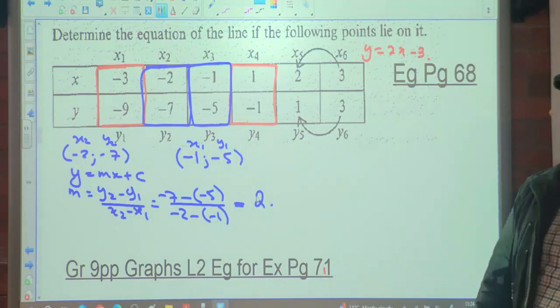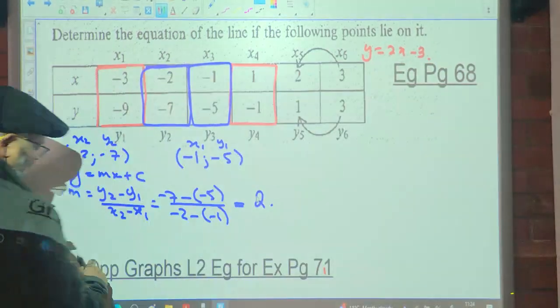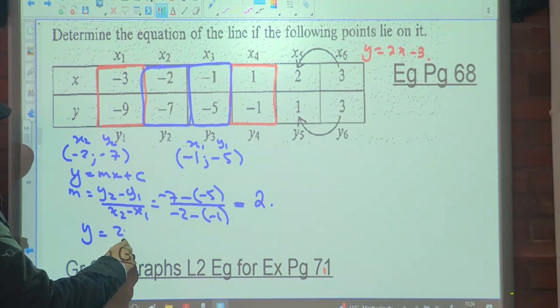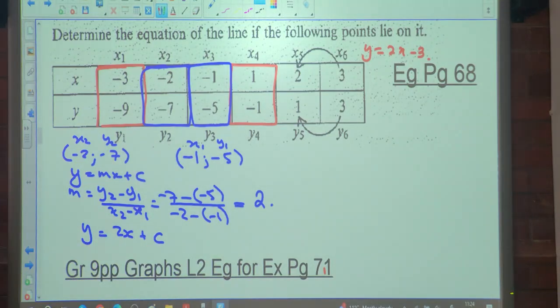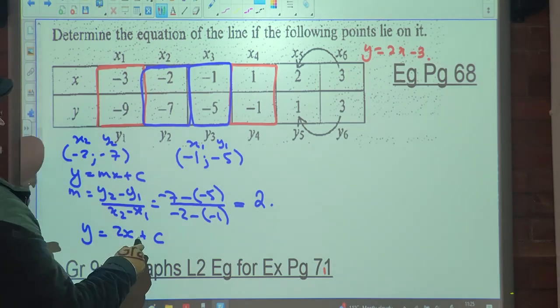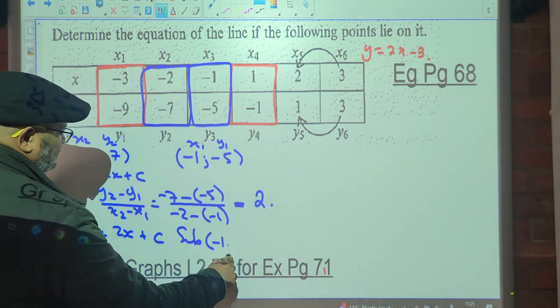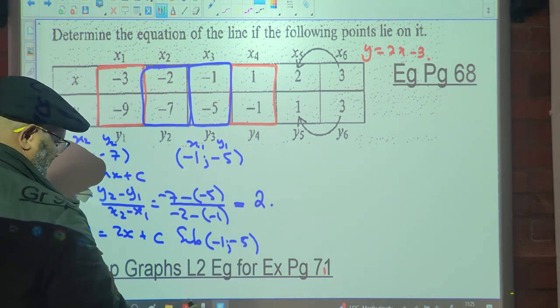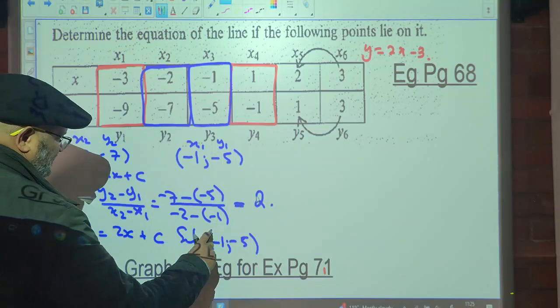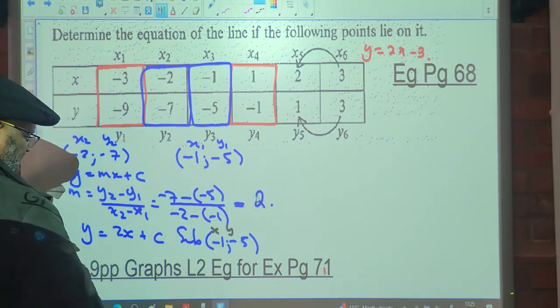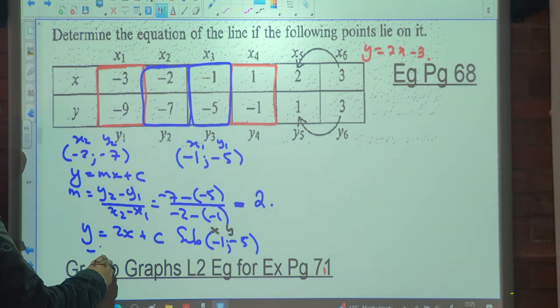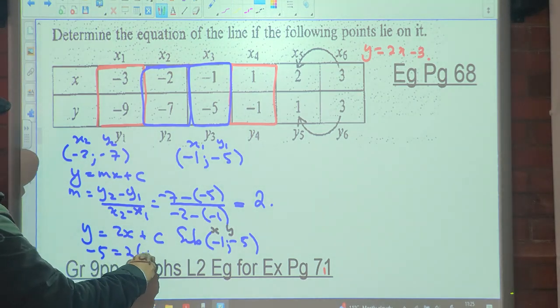So what's my equation reading now? y equals 2x plus c. To calculate c here, substitute a point on this graph. So we substitute negative 1 and negative 5, remembering this is an x and a y. So negative 5 is equal to 2 times negative 1 plus c.